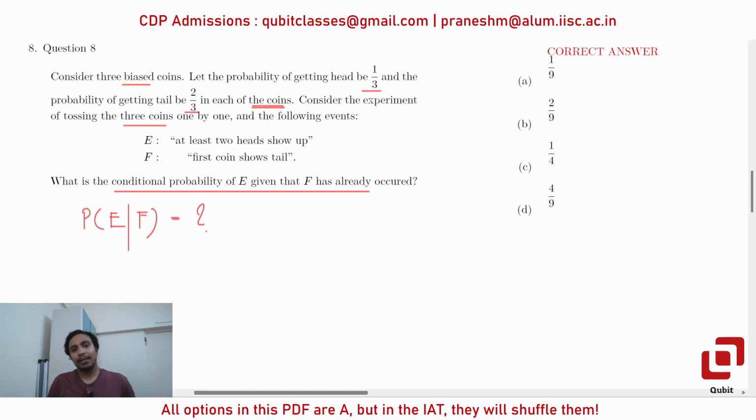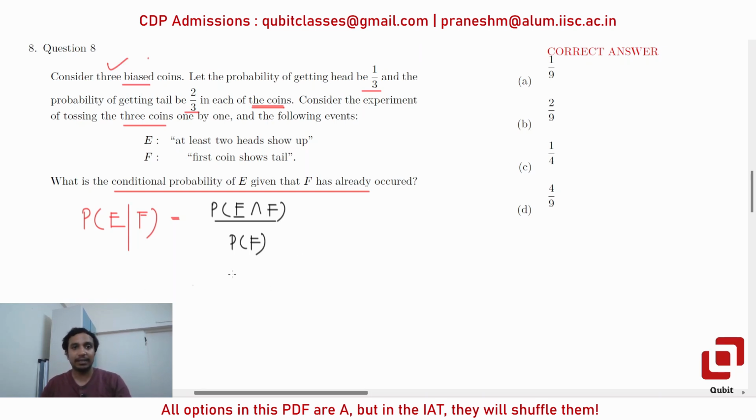How to find it? We can use the conditional probability theorem. It basically says probability of E intersection F upon probability of F. Now we have to be a bit more careful here while assigning the probabilities to the events E and F. There are 3 coins, and we know that none of the 8 outcomes is forbidden, right?